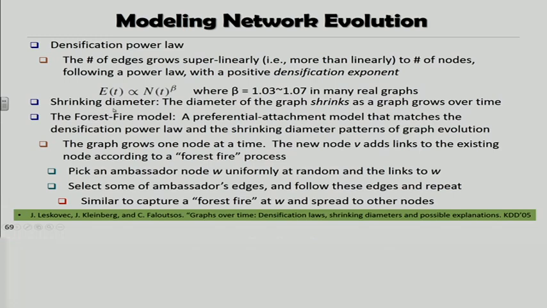Okay. And not only did they find this diameter shrinks, they found a new generative model, which is a revision of Barabasi's preferential attachment model. That means they say that the original general philosophy of preferential attachment is still right, but you have to revise it. Okay. How to revise it? They found a new model called the forest fire model. What is forest fire?